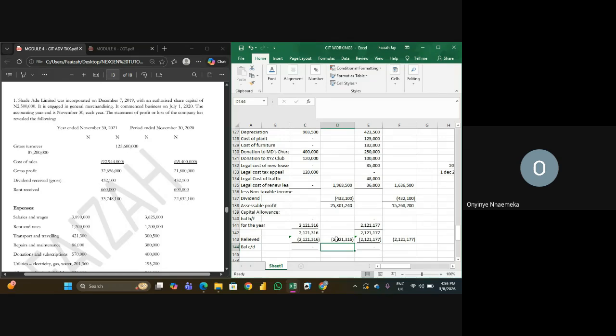Then we are going to have our chargeable profits.